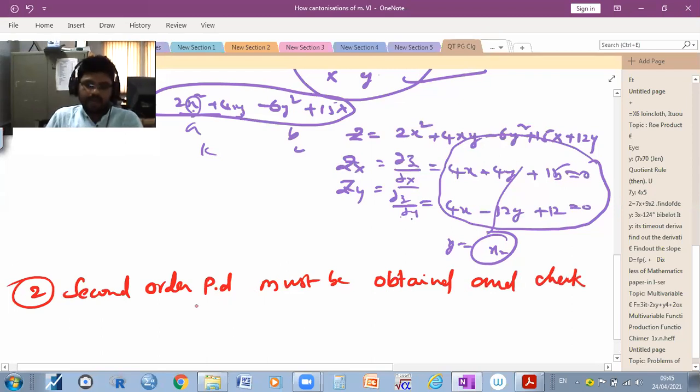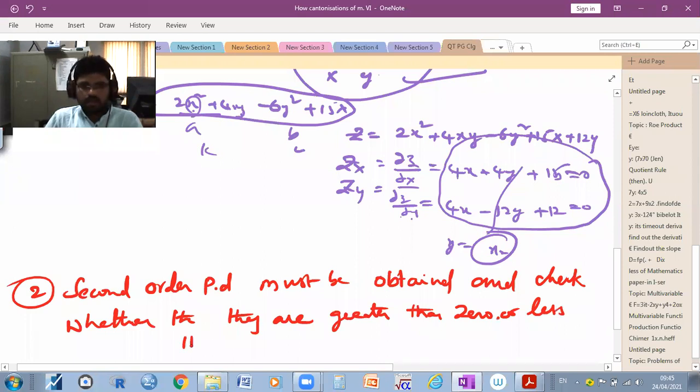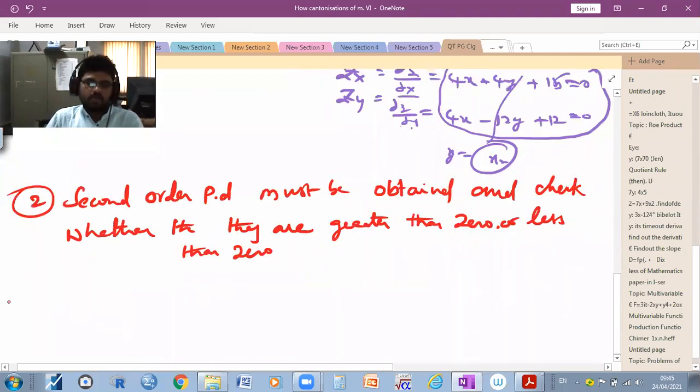And check whether they are greater than 0 or less than 0.